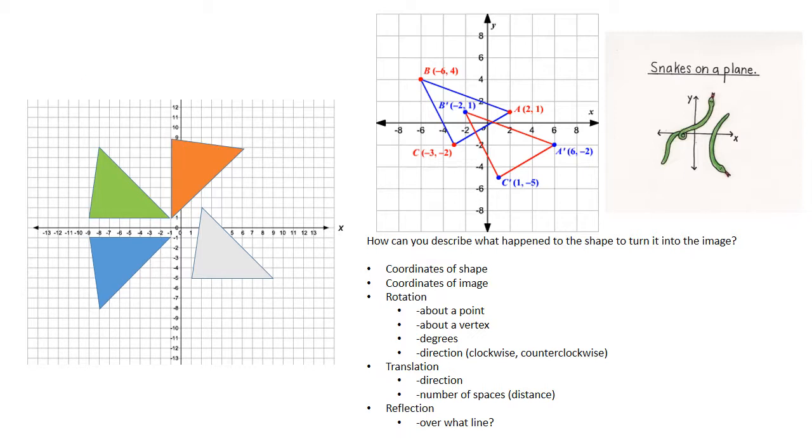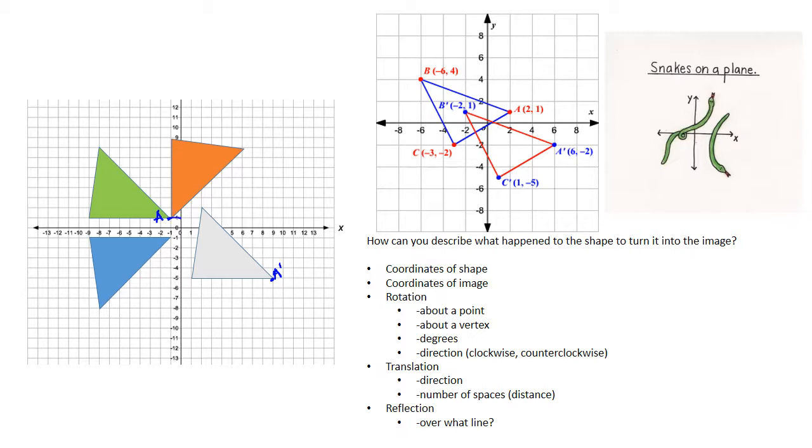It was a slide. So let's take this point here, and the new point ended up over here, the image. So if this was A, this is now A1. And so how did they move the green shape to turn it into the image, the gray shape?